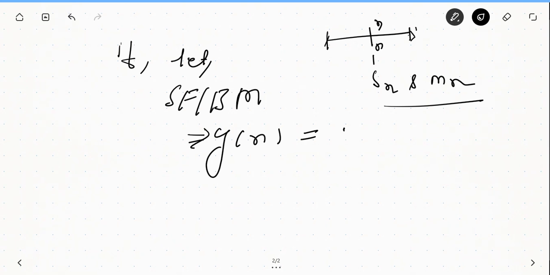Higher order means order greater than 1 degree, which means a linear line. So what will be the form of the equation? You all know it will be in the form of ax cube plus bx square, order decreases, cx plus d.